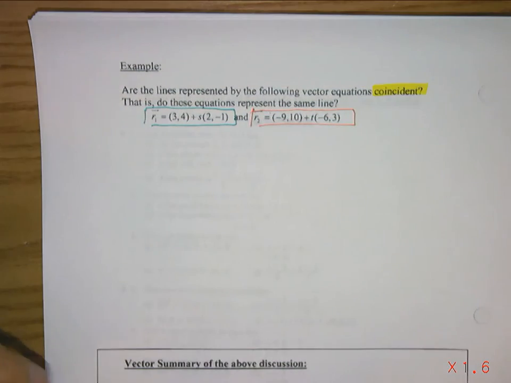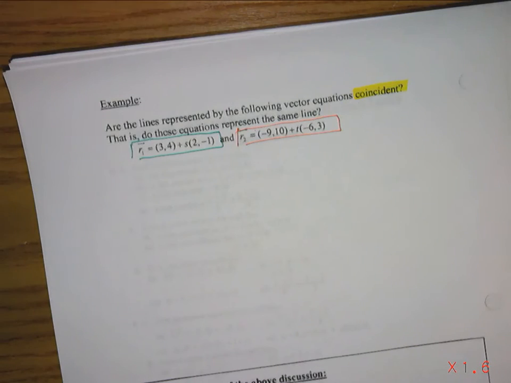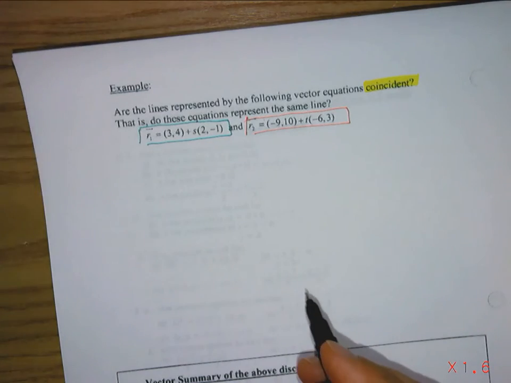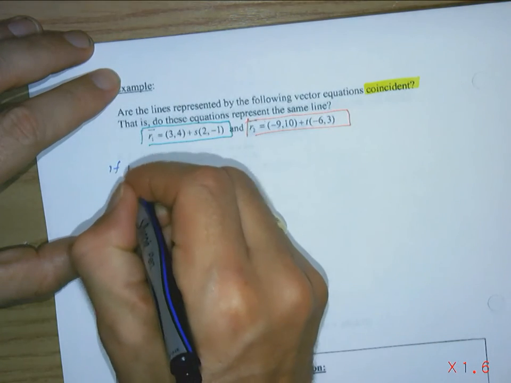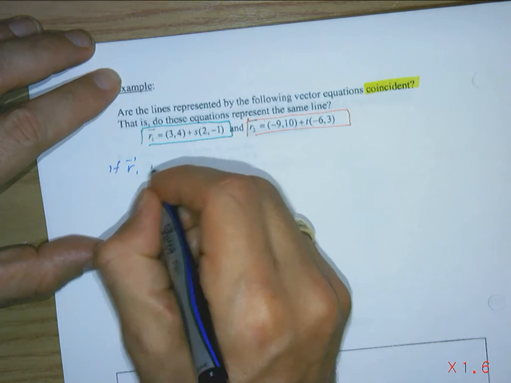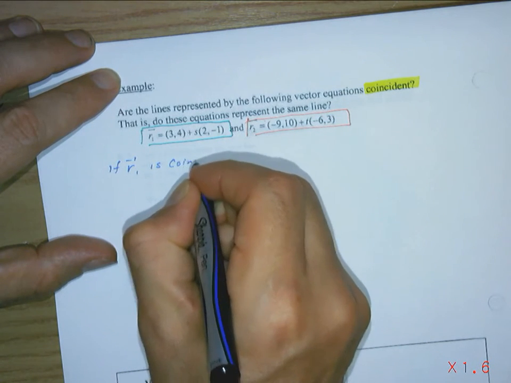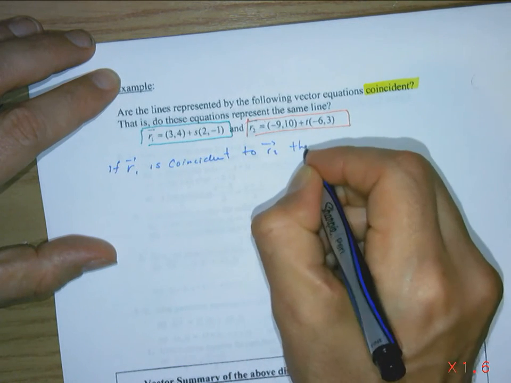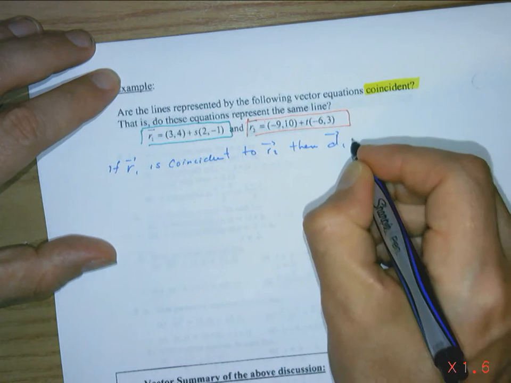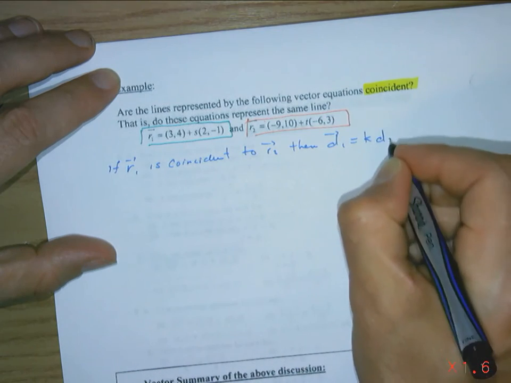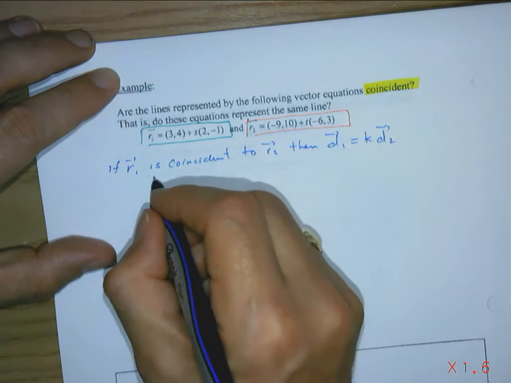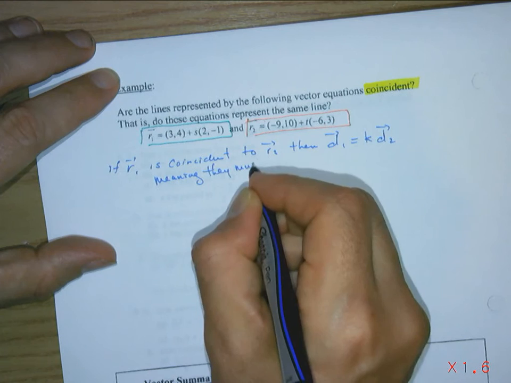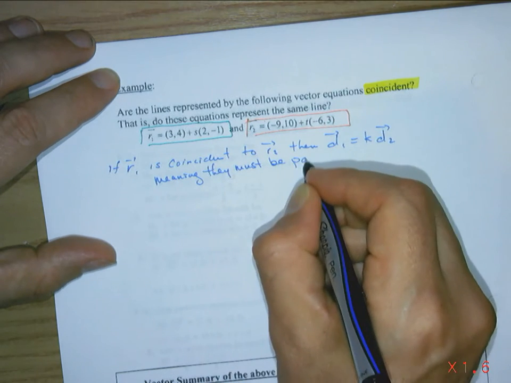Interesting question. We've got two equations. If these equations are going to represent the same line, then a couple of things have to happen. Here's the first thing that I'm going to think about. If R1 is coincident to R2, then direction vector 1 must be equal to a scalar multiple of direction vector 2, meaning they must be parallel.